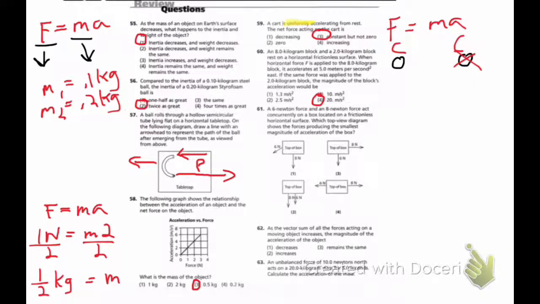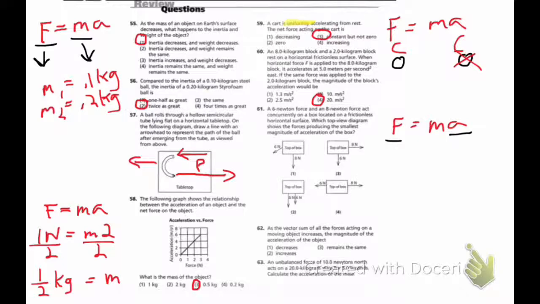Alright, the next question reads, a 6 newton force and an 8 newton force act concurrently on a box located on a frictionless horizontal surface. Which top view diagram shows the forces producing the smallest magnitude of acceleration of the box? Well, the smallest force will produce the smallest acceleration, since force is directly proportional to acceleration.